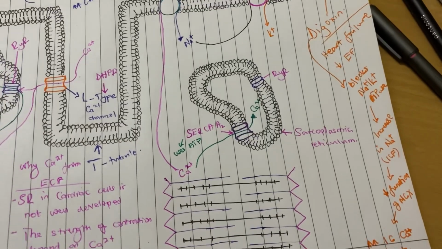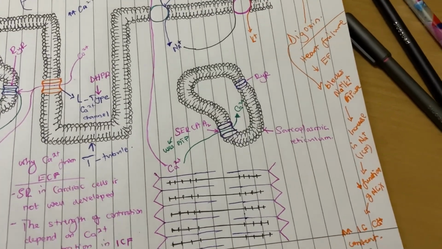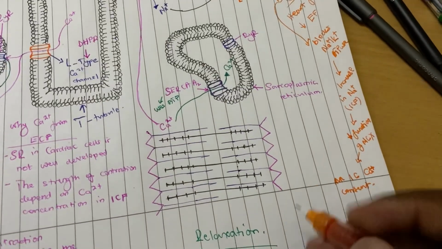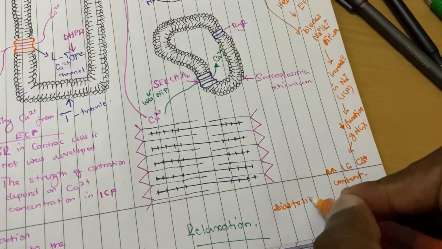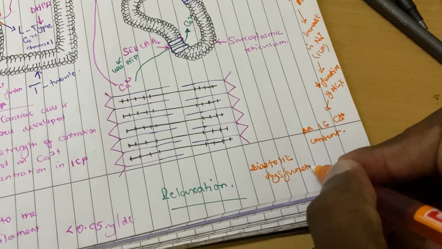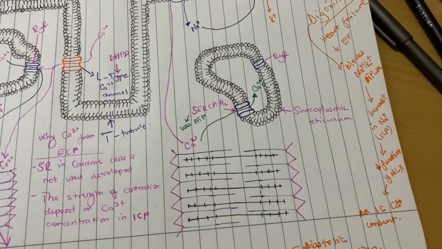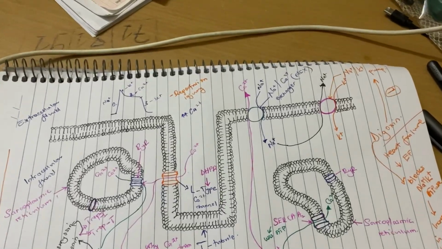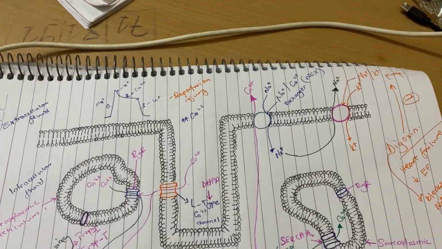When a cell doesn't rest, one big problem can happen, like diastolic dysfunction. For the heart to work, it must get enough time to relax. For the heart, we call it diastole. Systole is contraction, diastole is relaxation.